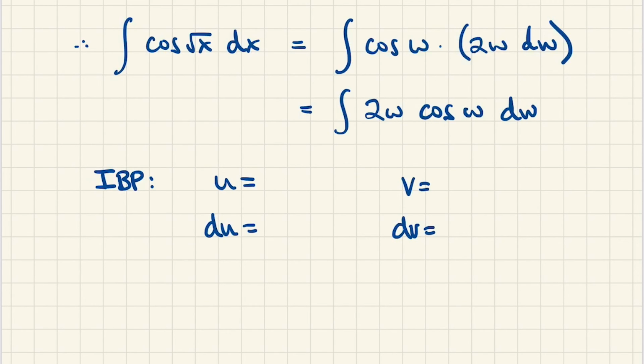Now what if you didn't know to use w for the substitution? What if you'd used u for the substitution? Well, if that were the case, then at this stage of the problem, you would have 2u cosine u du. And you'd still want to use integration by parts, but now we'd go u equals 2u? No, you can't do that.